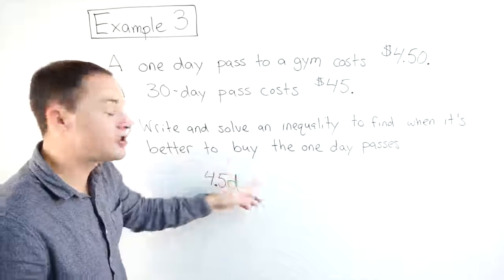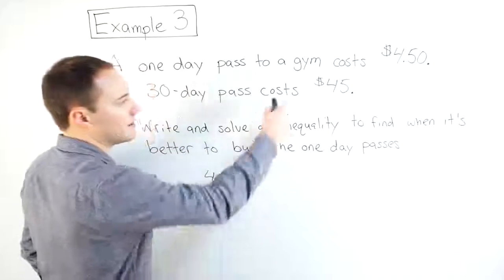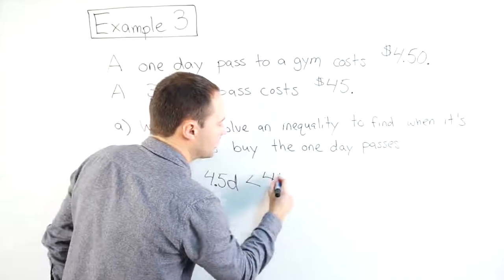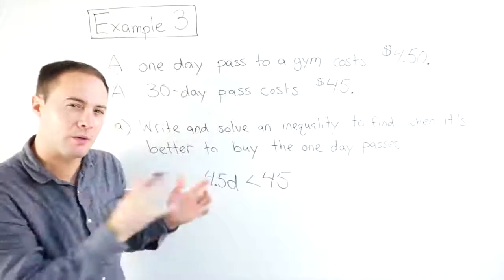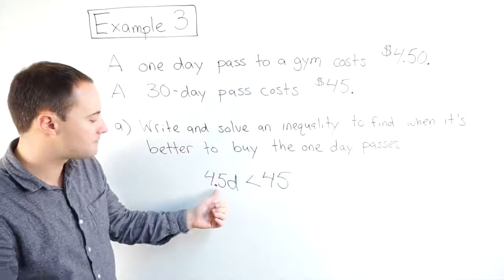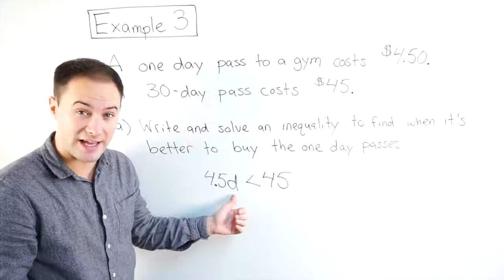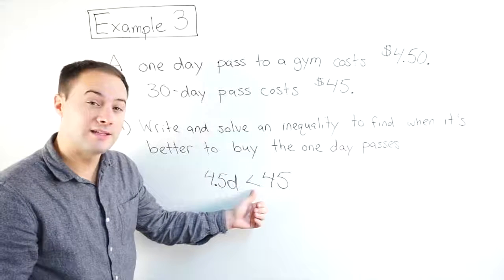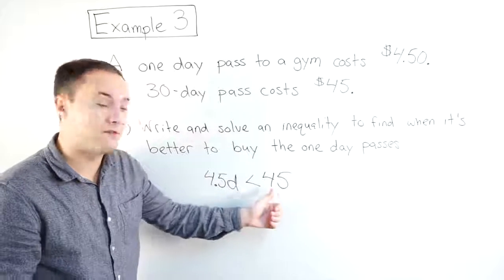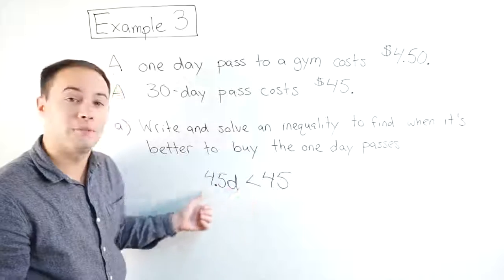So to show that this is cheaper or a better deal, we would make it less than 45. Okay. So take a second and just look at that and think about what we wrote. So what we're saying is $4.50 times the number of days, right, is less than $45, which is the month-long pass, then this would be the better deal.